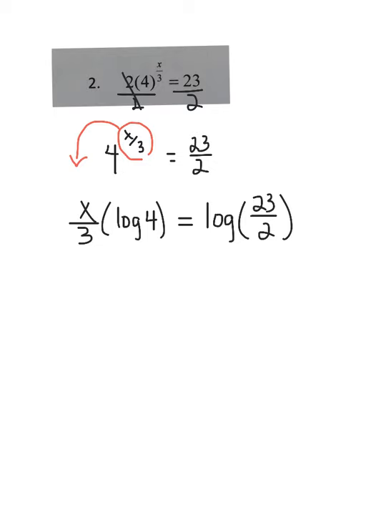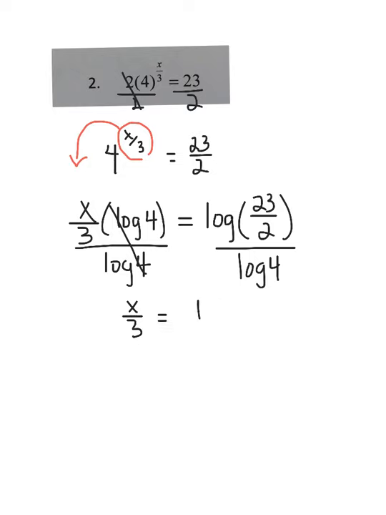So I'm going to try to get that x by itself some more. So I'm going to divide by log 4, which will cross this out. And I'm going to divide it over here. And I know that I don't know what that is, but it doesn't matter because I have a calculator. And so we've got an ugly mess of log of 23 over 2 divided by the log of 4.